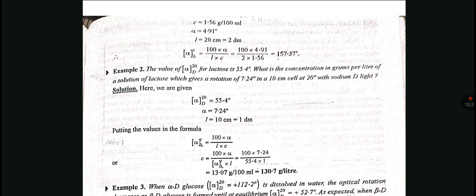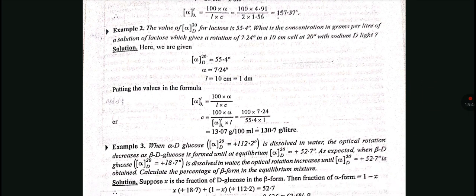Putting the values in the formula, alpha T is 100 into alpha upon L into C, so C is equal to 100 into alpha upon alpha T into L, which is 100 into 7.24 upon 55.4 into 1, which is 13.07 gram per 100 ml, which is equal to 130.7 gram per liter.